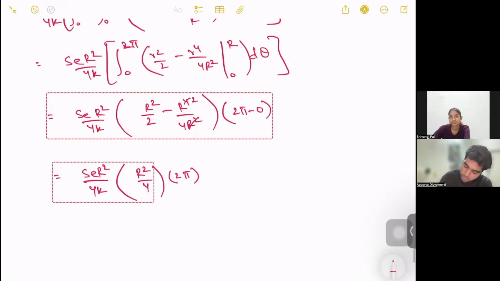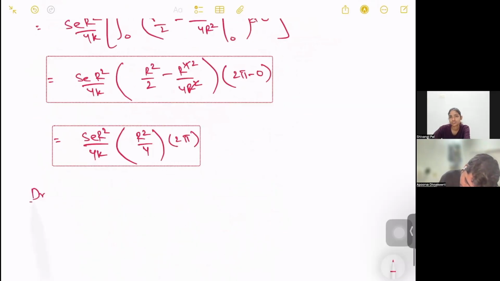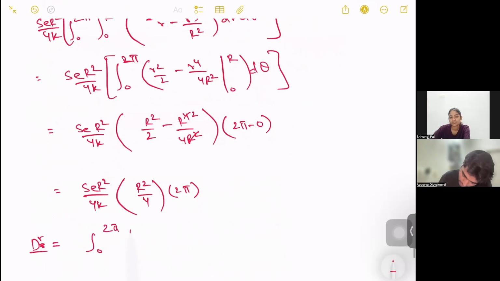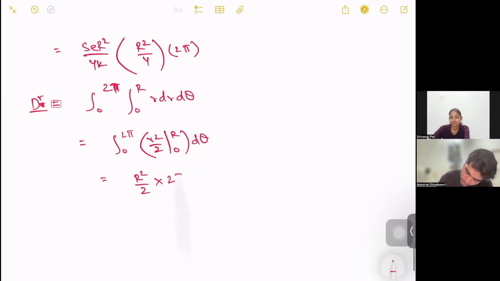Now we'll integrate the denominator. The denominator is integral 0 to 2 pi, integral 0 to R of r dr d theta, which is R square by 2 into simply 2 pi.